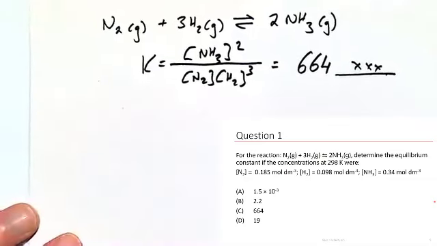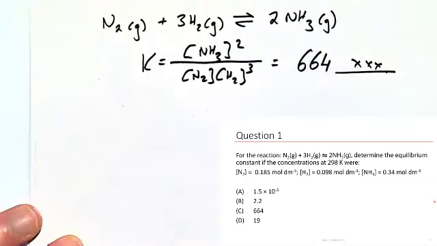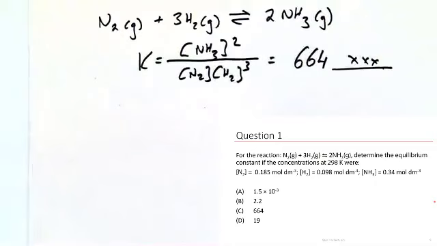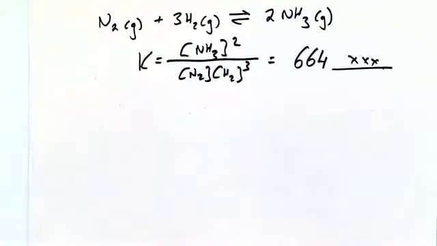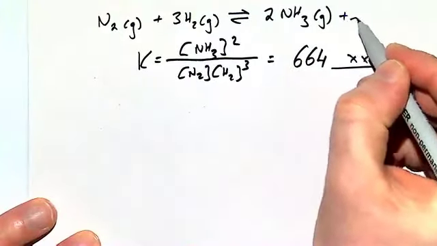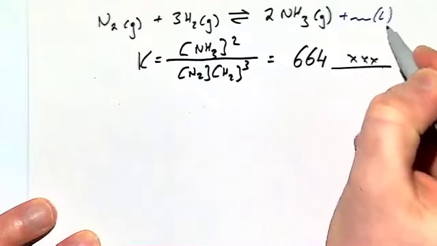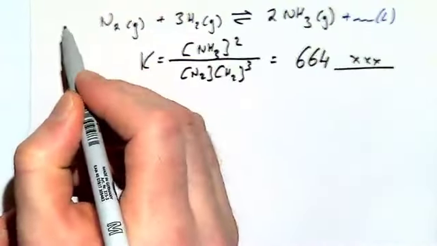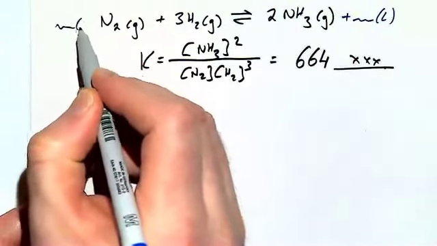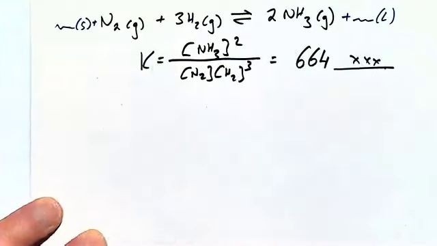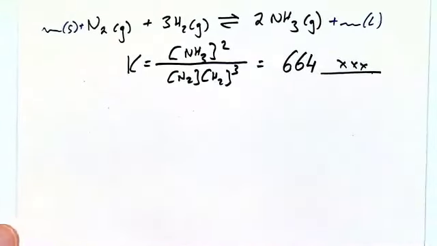But a couple of things I want to dwell on here. Let's say, and obviously this is not the case, that there was some other substance formed and it was a liquid, and maybe there's a solid here, some other substance as a solid. Why don't we include those in the equilibrium expression? Well, strictly speaking, it comes back to this idea of activity. We say that the activity of solids and liquids is one.